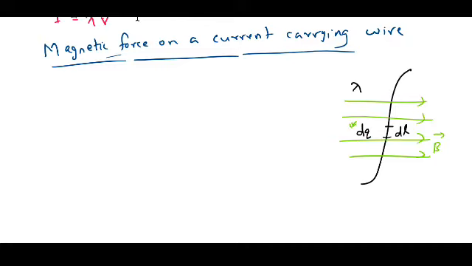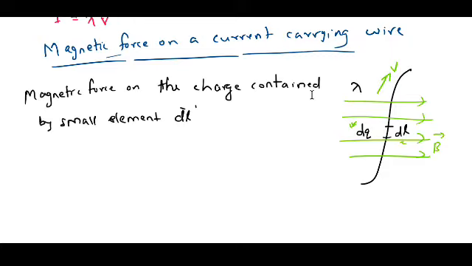That charge is moving with the velocity v. That is the magnetic force on the charge contained by the small length element dl. That force is given by dF is equal to dq into v cross B.